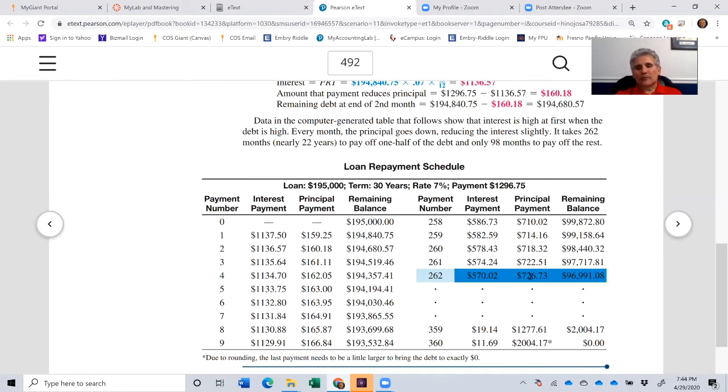And now the principal is getting reduced much more significantly than it did at the very beginning. And even on the last payment, we only paid $19.14 of interest. The principal is $1,277.61. So it flips. When you get towards the end of the loan, the majority of your payment is going towards the principal, and the interest is much less than it was when you started.